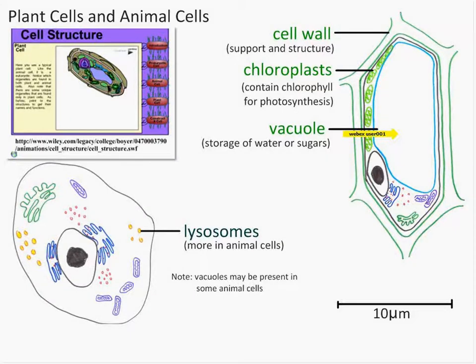Because the concentration is lower in the cell than it is outside. Correct. Concentration of what? Of water is lower inside the cell, so the water moves from outside into the cell. And when you put the glucose on the outside, the water in the cell is at a higher concentration than outside the cell. So the water in the plant cell moves out, so it becomes level. That's great.